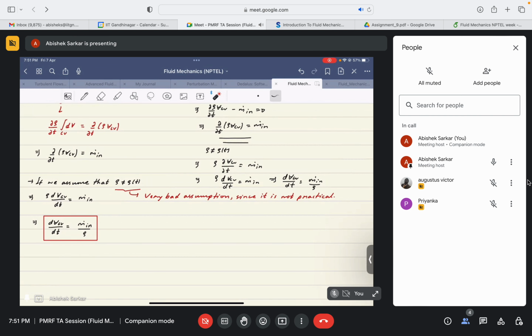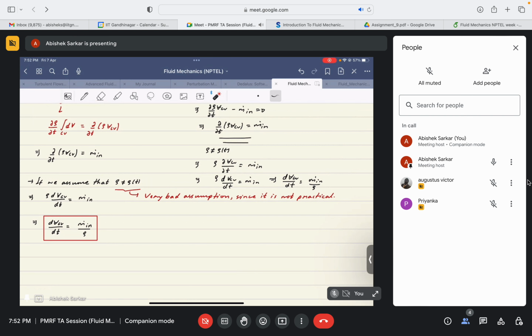You cannot directly take rho is not a function of t if the problem is given like this. You need to write that I am making a very inaccurate assumption before taking this approximation, so that's why I'm getting this answer. So this again is a very inaccurate answer, but you can get a trend of variation of the change in the volume of the control volume with respect to time.